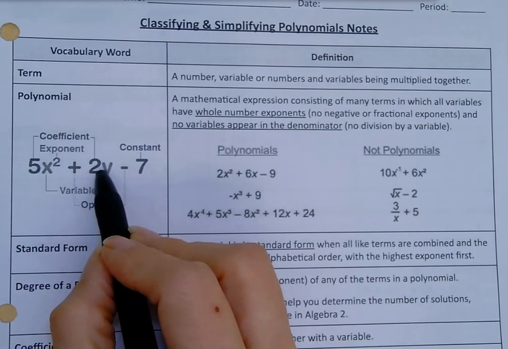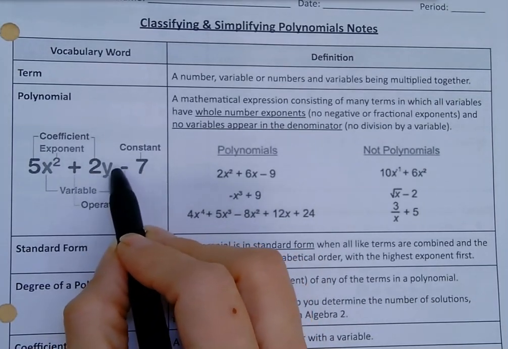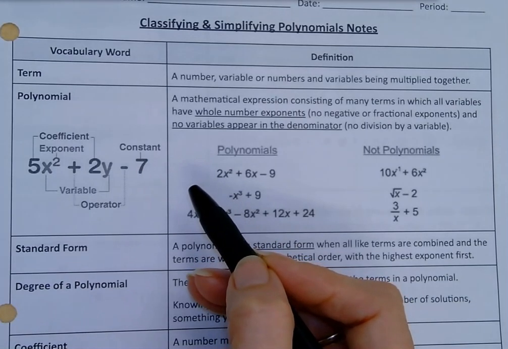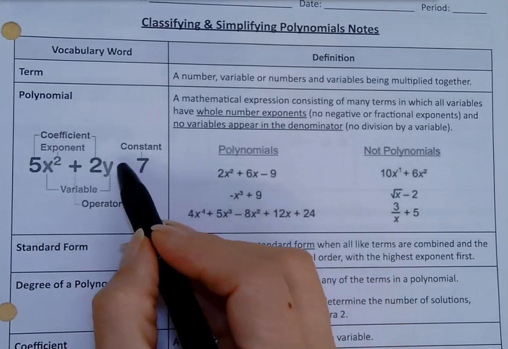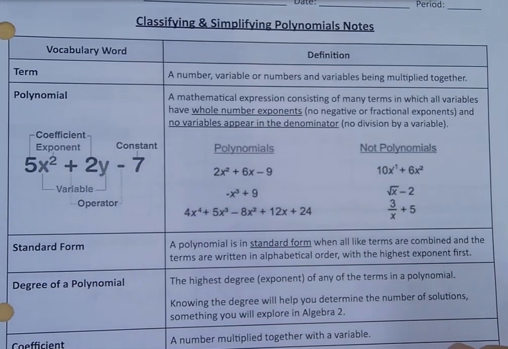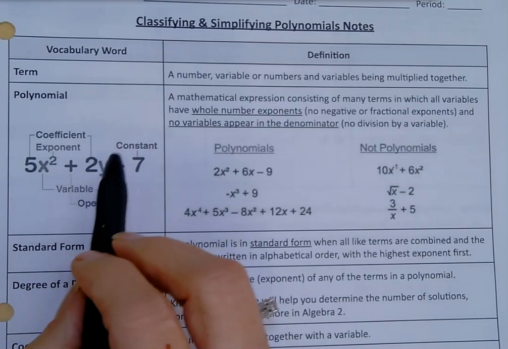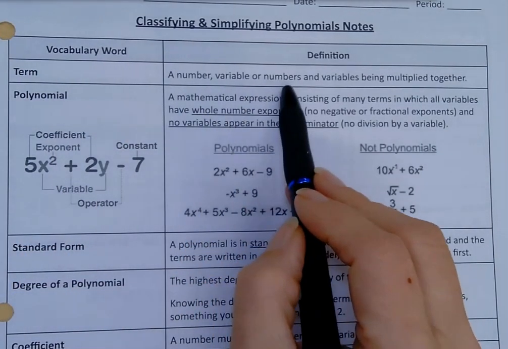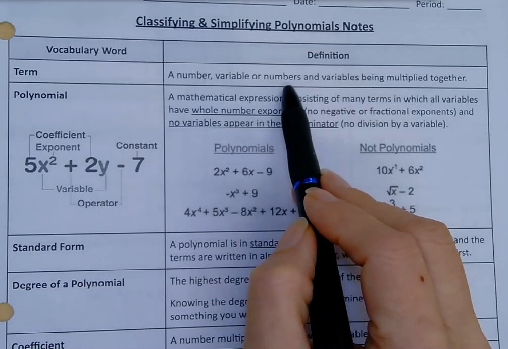It's being separated from 2y by, right now, a subtraction sign, but of course we know that minus 7 is the same as plus negative 7. So that's just a side note, that negative is glued to that 7. Okay, so a term is any number or a variable or numbers and variables being multiplied together at one time.